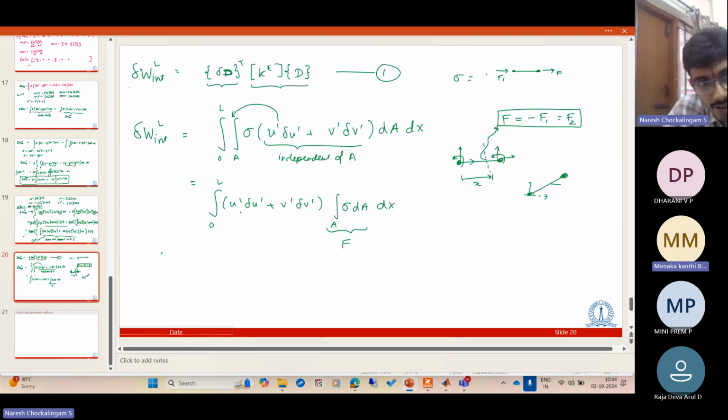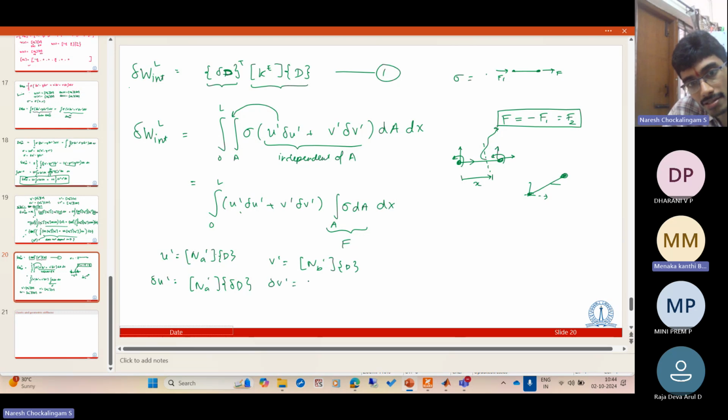And what about this? Again, U dash is NA dash D. Del U dash is NA dash del D. And V dash is NB dash D. And del V dash is NB dash del D. Fine. So substitute this, again using that trick.